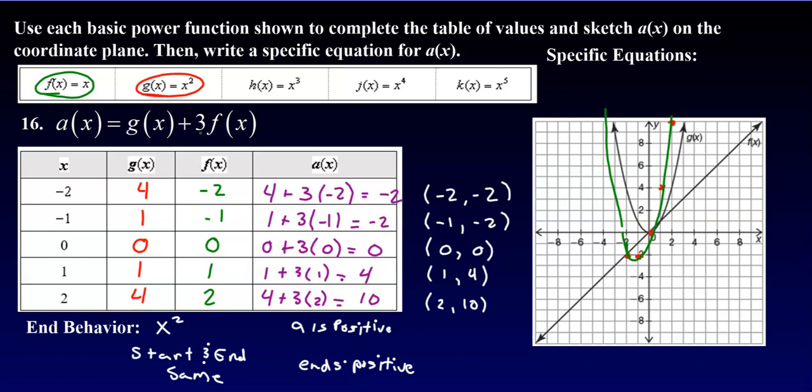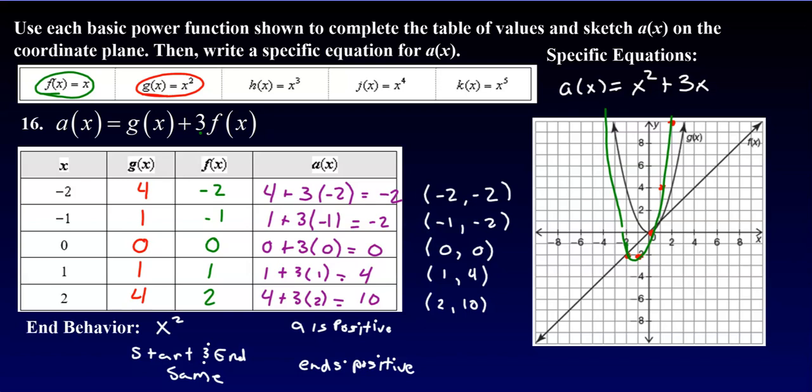As for our equation, well, all we're going to do is stick the power functions back in. So a of x is equal to x squared plus 3x, and that's our specific function. We don't have to figure out the graph in order to do that. We can just look at the equation and substitute.